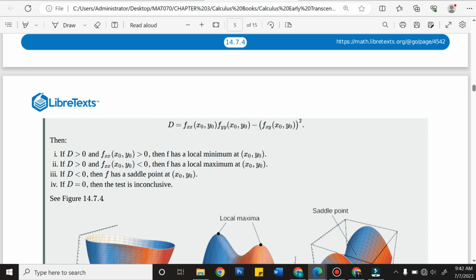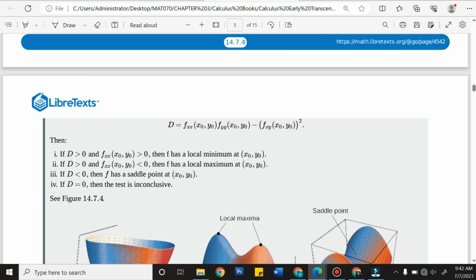If D is greater than 0, and the second derivative with respect to x is greater than 0, you will get a local minimum. If D is greater than 0 and the second derivative is less than 0, then there is a local maximum at x sub o, y sub o.